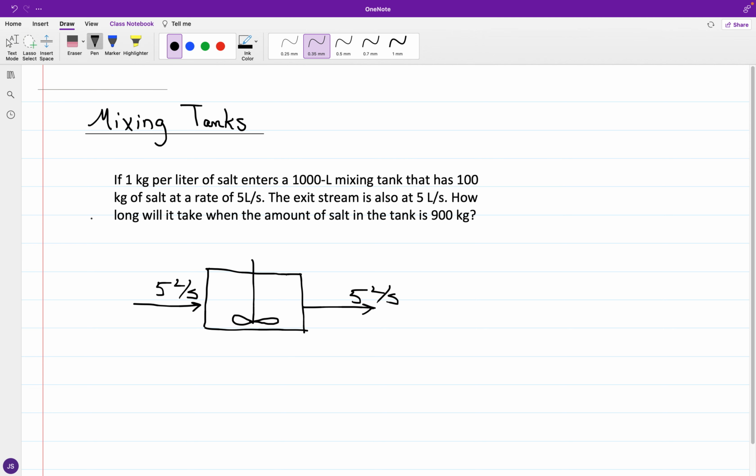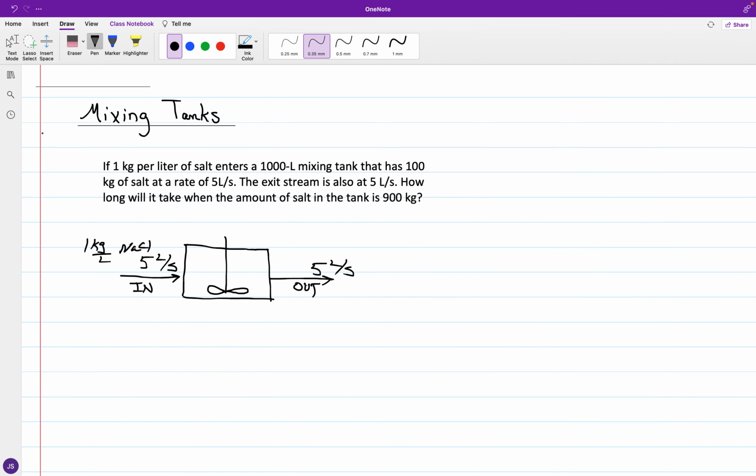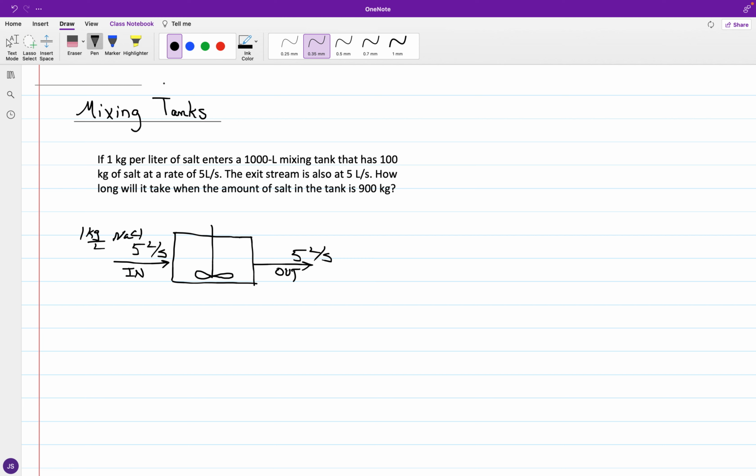Going in, you have 1 kilogram per liter of salt. So you have the in stream and the out stream.